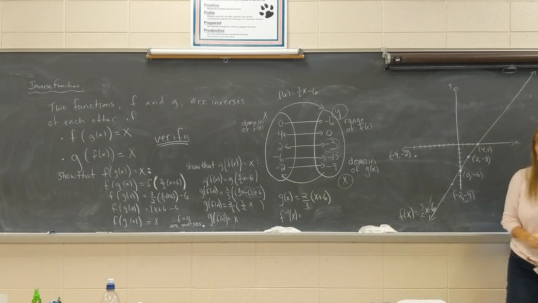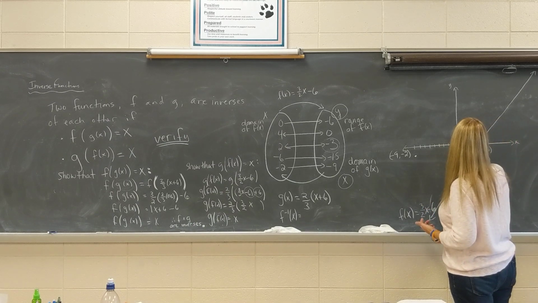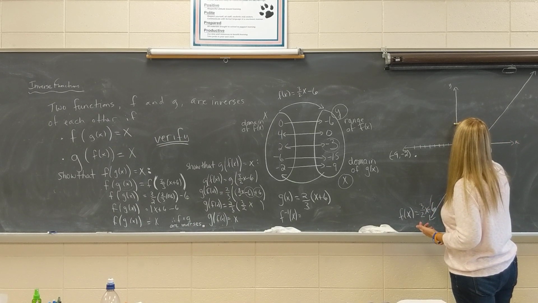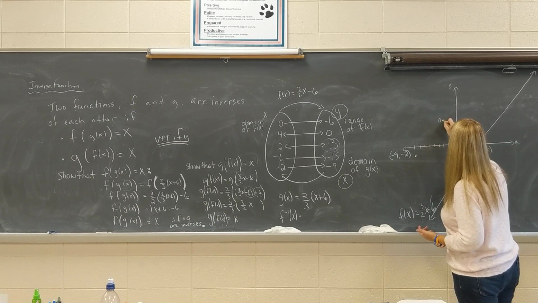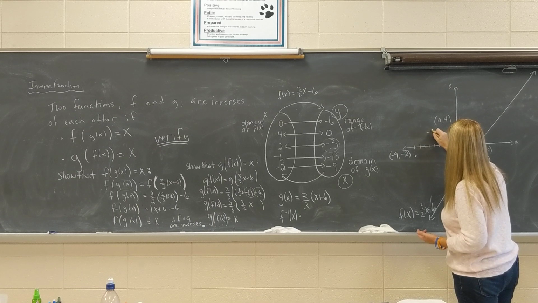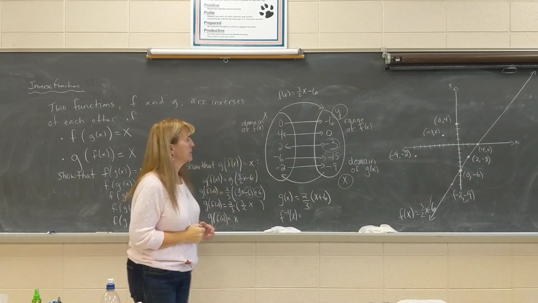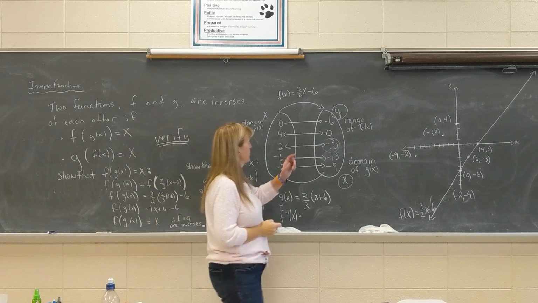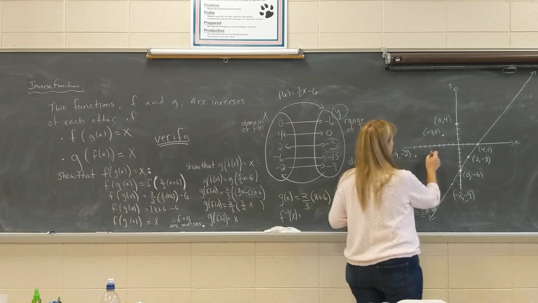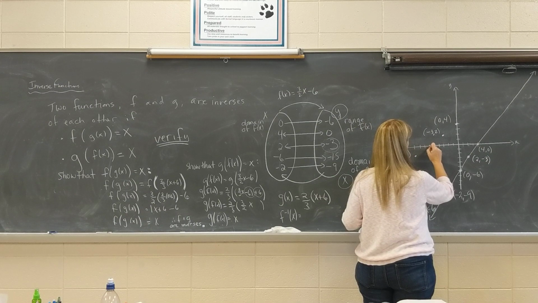That was hard. 0, 4, and I heard -3, 2. Let's go up to 0, 4. Then -3, 2. Then -6, 0. Where's that? That one? Okay, -6, 0.